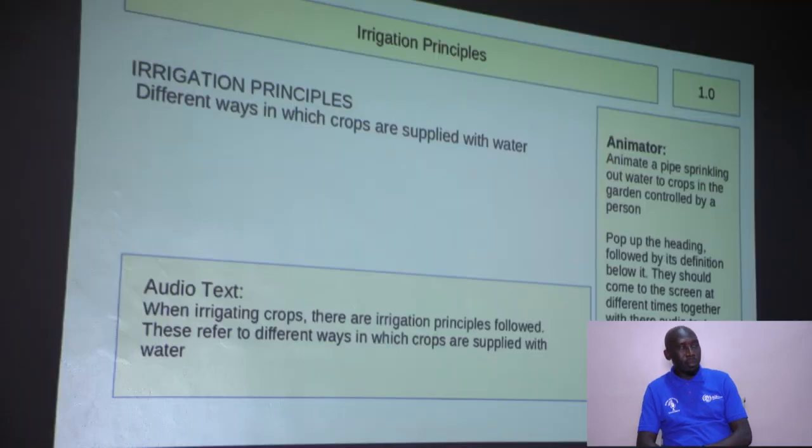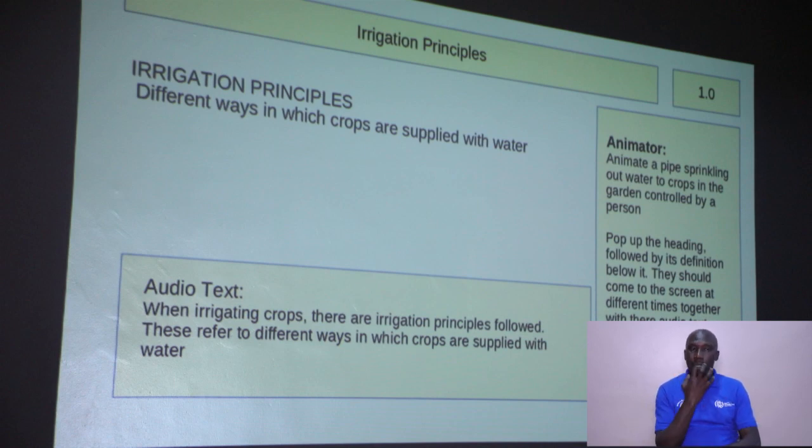A case in point, can you go back to the first slide? Animate a pipe sprinkling out water to crops in the garden controlled by a person. We have started visualizing what we want to see.